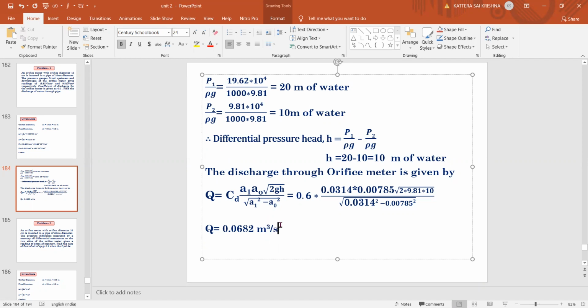Sometimes in the question they directly ask to find the discharge in liters per second. At that time we need to know how to convert that into liters per second.